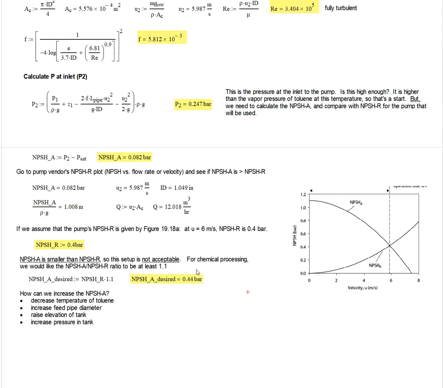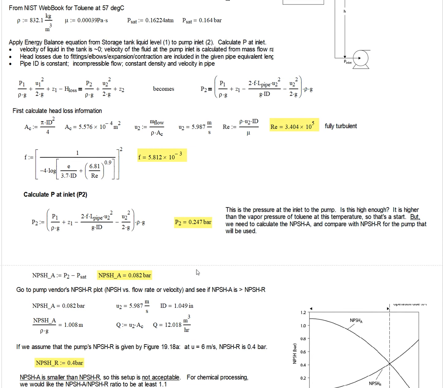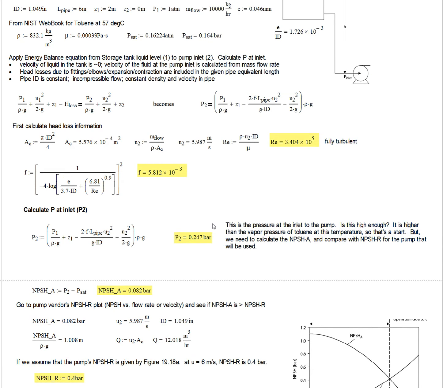So this illustrates that even though when we calculated the pressure at our pump inlet, our pressure was higher. Our pressure that we calculated at the pump inlet was higher than the vapor pressure, but what you've got to realize is this is only at the inlet to the pump. This is not what is going on inside the pump. When you're talking about a centrifugal pump, there's another decrease in pressure because of the vane spinning and the high velocity.